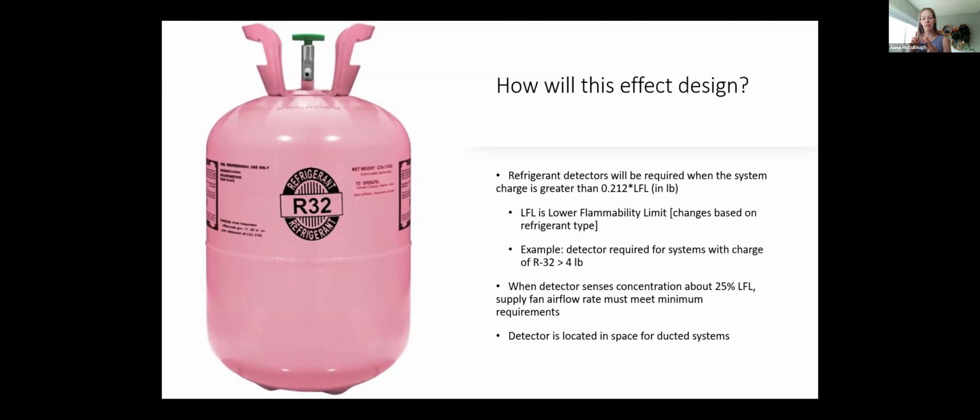And then if there are additional life safety measures like detection and ventilation, the engineer of record is going to be required to design those systems to make sure that they are compliant with the IMC and ASHRAE. Did that answer your question?